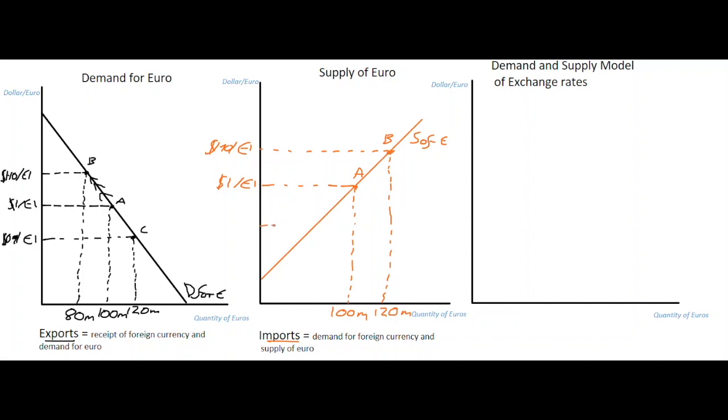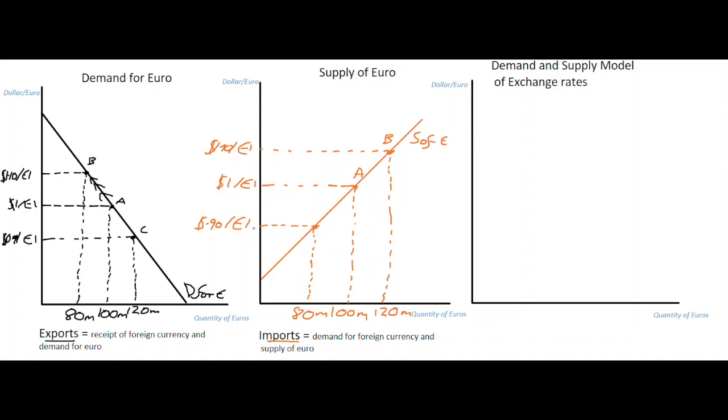If there's a depreciation of the currency, that would mean in our case that a euro is now worth less. So we will say it is worth 90 cents in terms of dollars. In this case, the supply of euros decreases, we'll say down to 80 million. And again, the reason is in terms of imports.